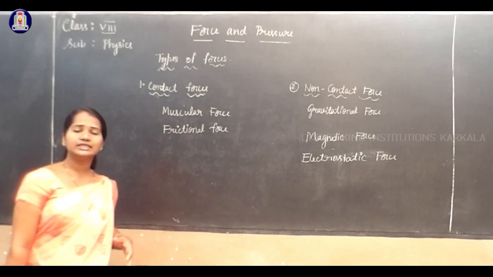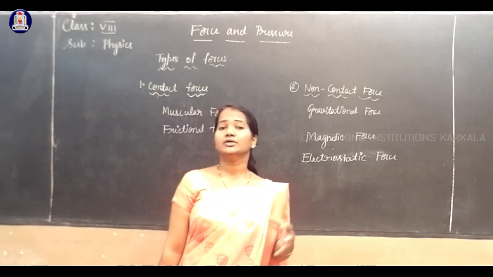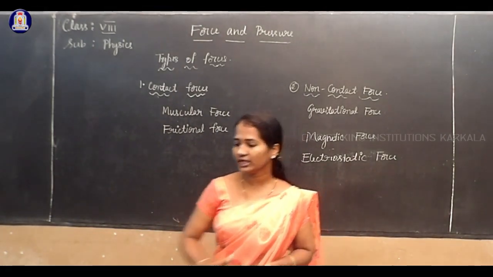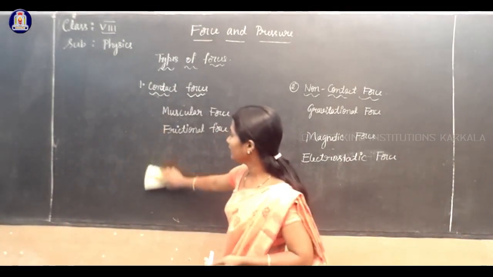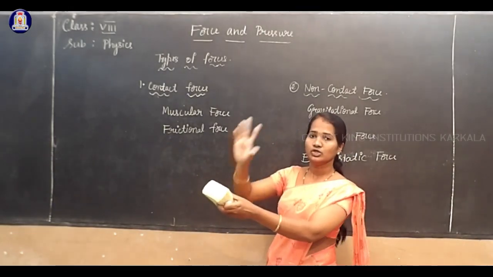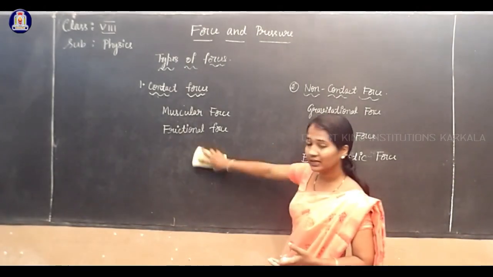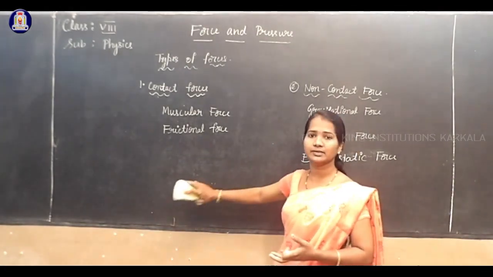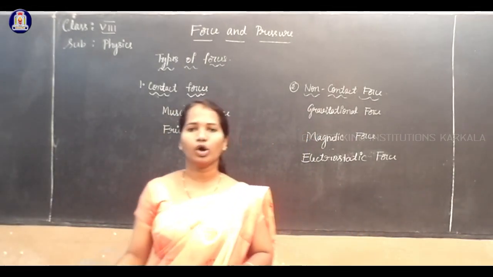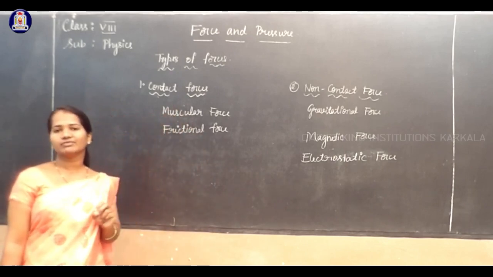So in all these cases, the force is applied due to the contact between two objects. For example, in rubbing the board, there is contact between the board, duster and my hand. So I am applying force on this duster and rubbing the board. There is contact between the two objects. Such a type of force is called contact force. One example of contact force is muscular force.